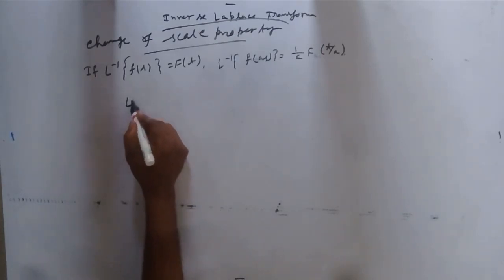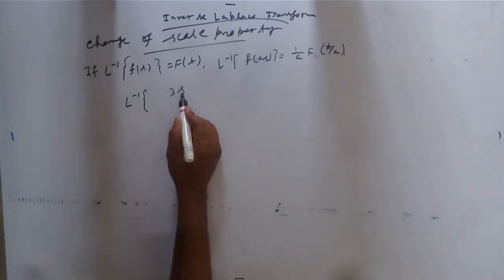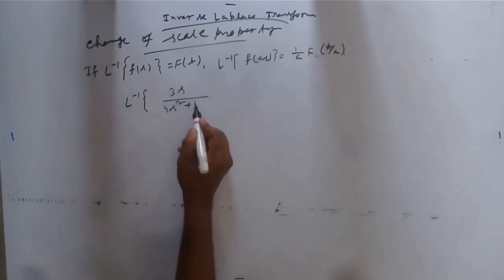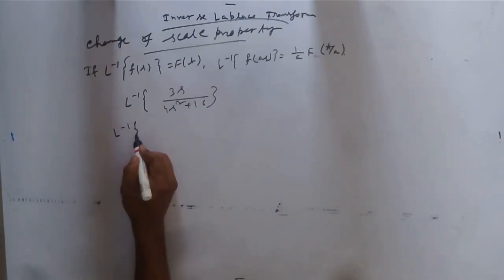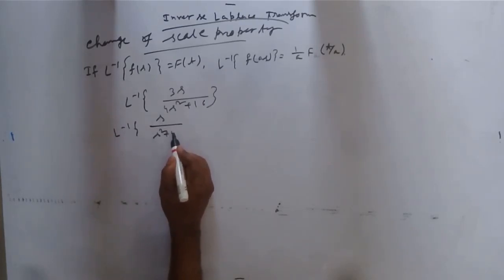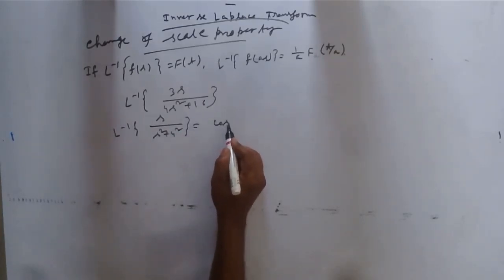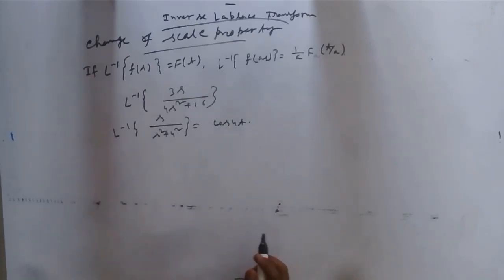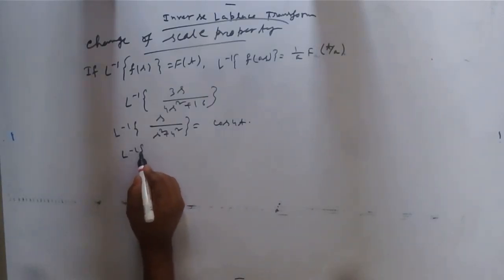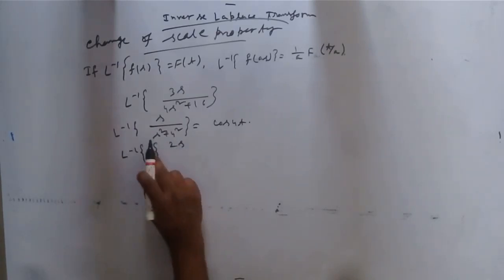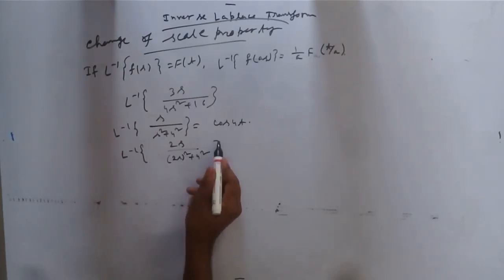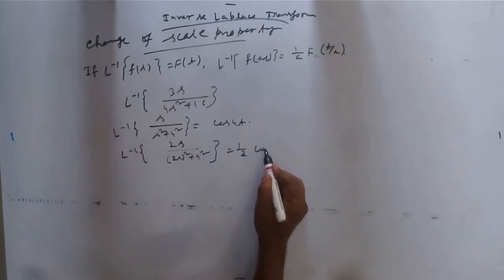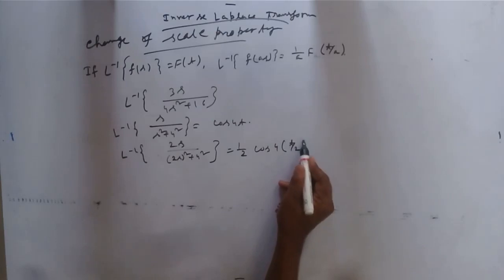So let us find L inverse of 3s by 4s square plus 16. Okay, so we have L inverse of s by s square plus 4 square is cos 4t, you know this. Now by change of scale property, L inverse of 2s by (2s) whole square plus 4 square equals 1 by 2 cos 4t by 2.